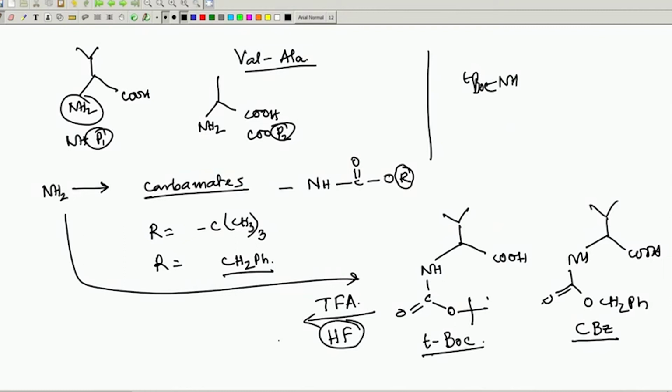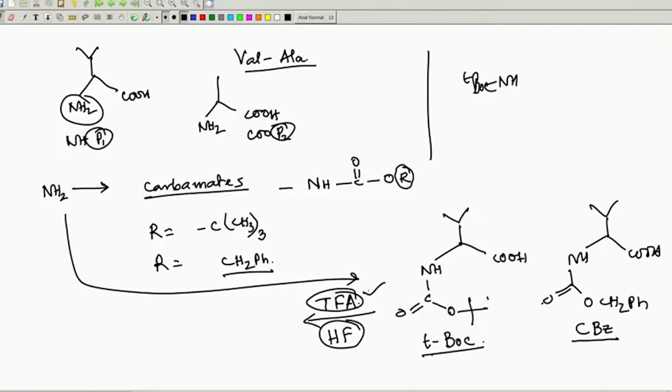So, the T-butyl group comes off by treating with TFA. Usually TFA is easier because for HF you need special apparatus. HF attacks glass, so you cannot do an HF reaction in glass vessels. You have to do it in Teflon-coated glass vessels. That is costly, so usually in the laboratory we use TFA, which is very easy to use.